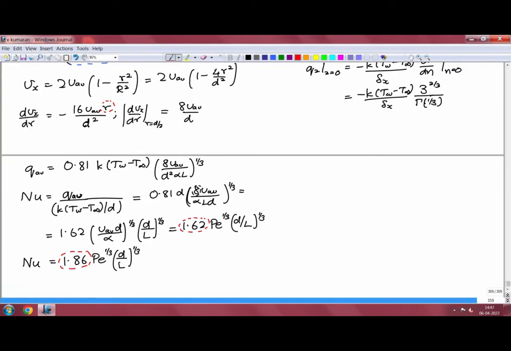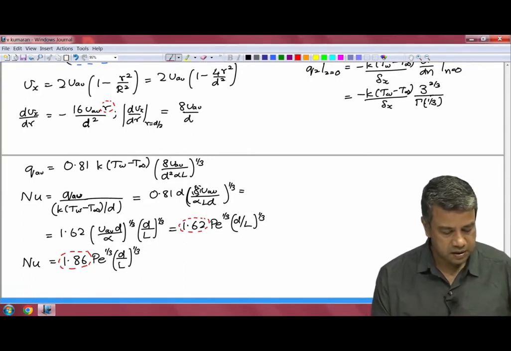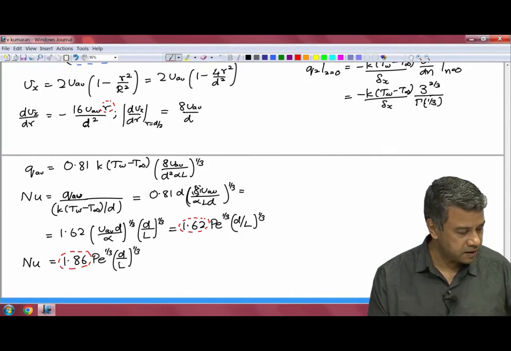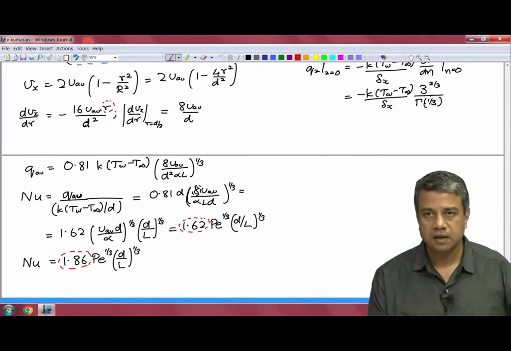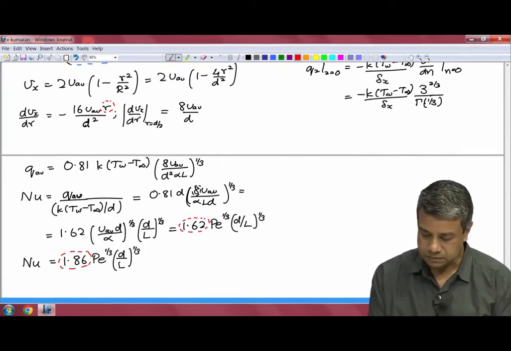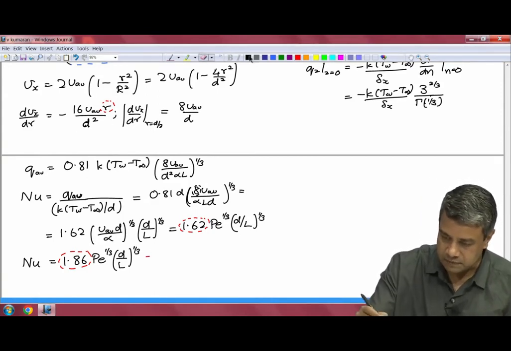And the second reason for the difference is the curvature of the pipe. So, for these two reasons the coefficient is slightly different, but subject to the difference in the coefficient, we have managed to get the same correlation, the same dependence on Peclet number and the same dependence on d by L. Note that the Peclet number is usually written as the product of the Reynolds number and the Prandtl number.